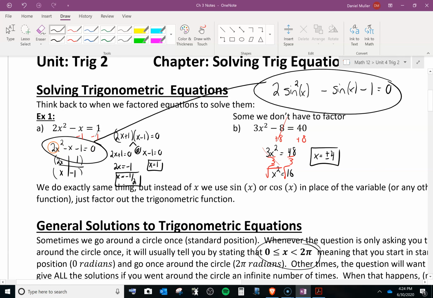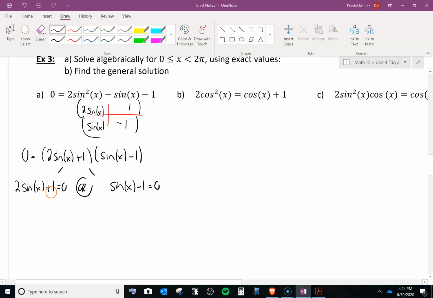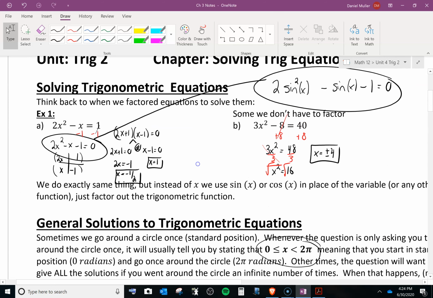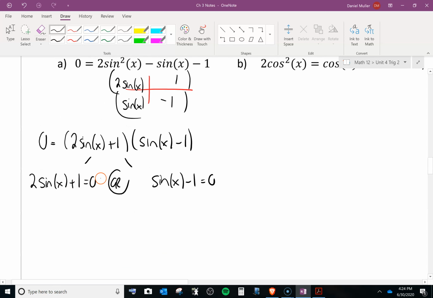This is the exact same one, and we factored it, and we had 2x plus 1. Now we have 2 sine x plus 1, and then sine x minus 1, and up there we just had x minus 1. Once we did that, you can make 2 of them and solve them individually. We've got one question, and then we factor it, and we create 2 questions that we can solve individually.